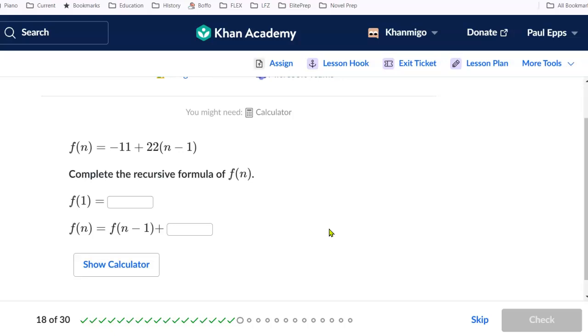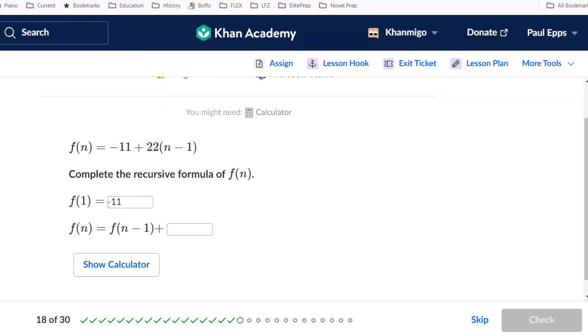f of n equals -11 plus 22 times n minus 1. All right, complete the recursive formula. Well, f of 1 is -11. We are given that.